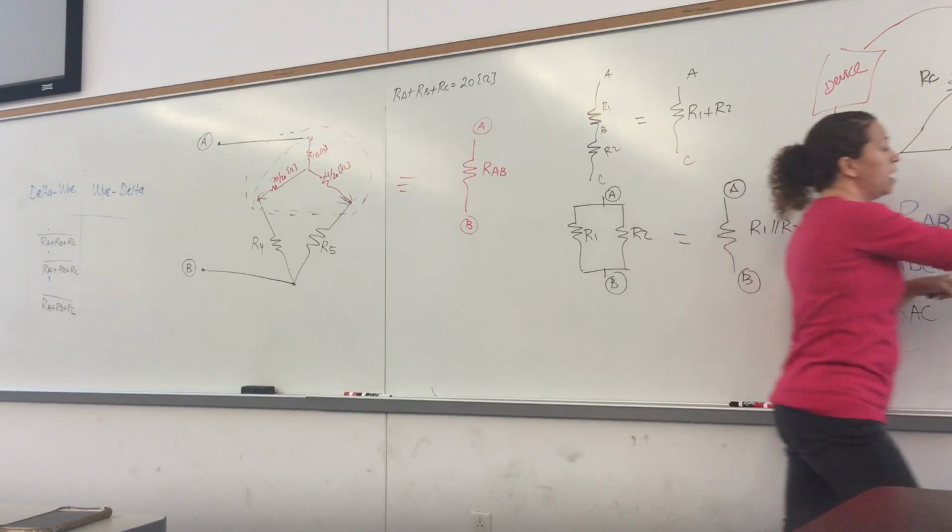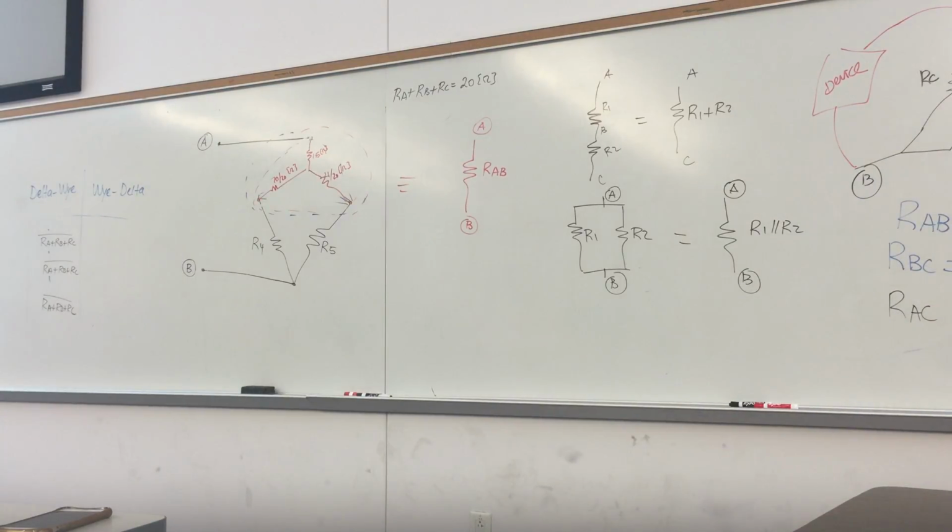Okay? Then draw your Y. Again, randomly put A, B, C's. From A to the midpoint, it's got to be R1. From B to the midpoint, it's R2. From C to the midpoint, it's R3. If you do the labeling that way, you can take those equations in the PowerPoint and plug in the RA, RB, RC values, and then you will get those R1, R2, R3 values and arrange them this way.